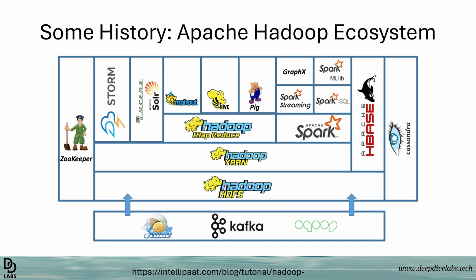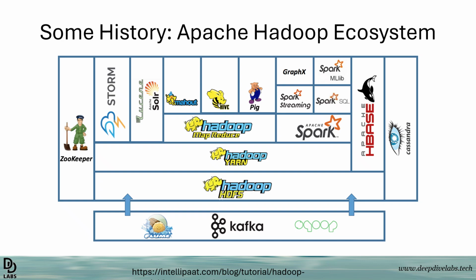Before we jump into the Apache Spark ecosystem, it helps us to understand the Apache Hadoop ecosystem. Here is an overview of the Hadoop ecosystem, which consists of the Hadoop file system, HDFS, which stands for Hadoop Distributed File System. On top of it, there is Hadoop YARN, which is Yet Another Resource Navigator. Then Hadoop MapReduce, and then there are other aspects like Pig, Hive, and Mahout, which we will talk about.